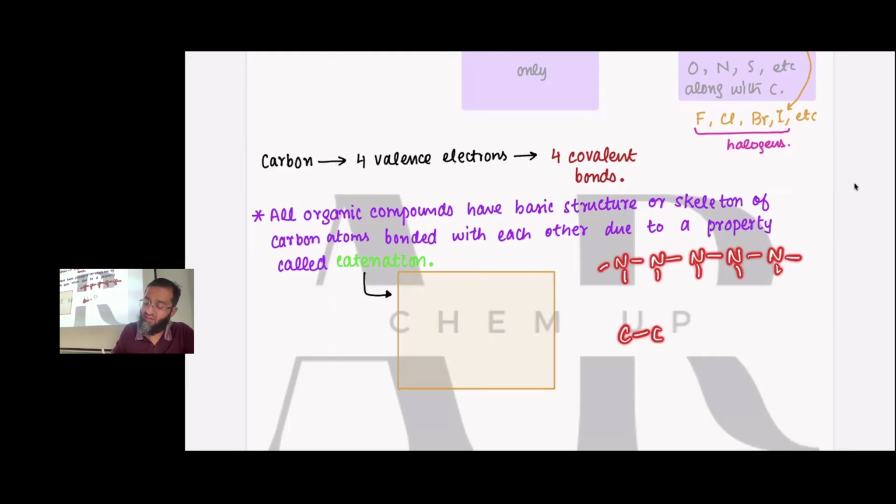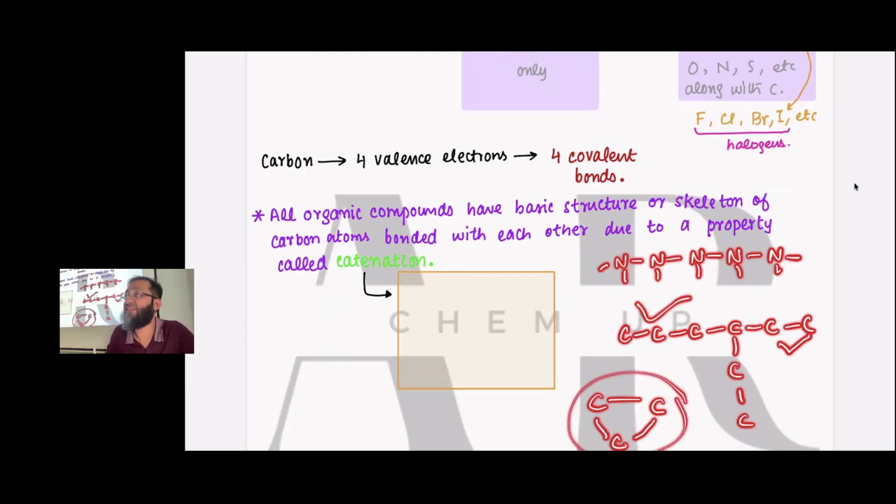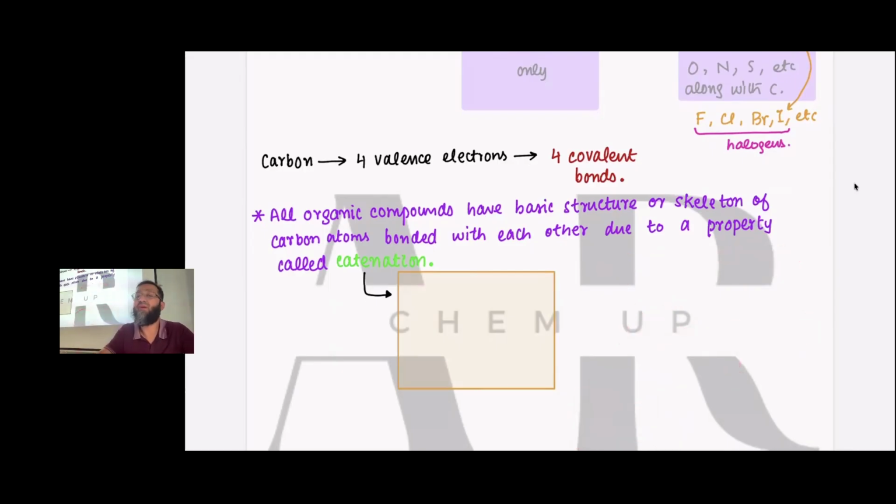But you can see carbon atoms bonded to each other to form a long chain or a branch chain or a ring structure. So that's what we call catenation. That property is exhibited by carbon. And after carbon, silicon does exhibit the same property, but to a lower extent because of its bigger size or bigger radius. Okay. So what does catenation refer to?